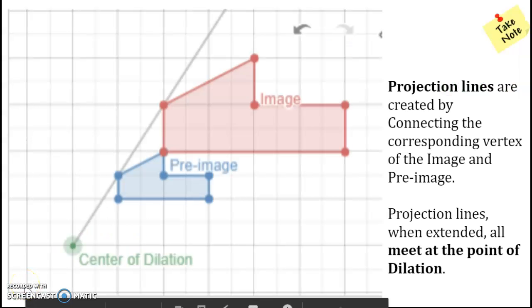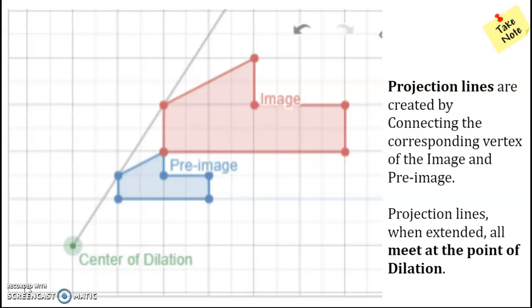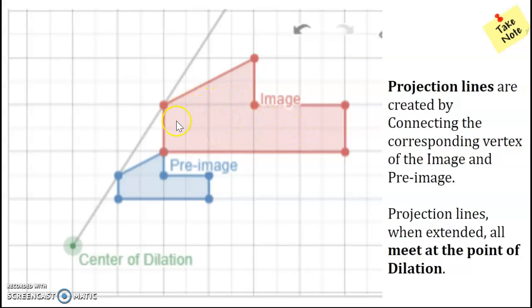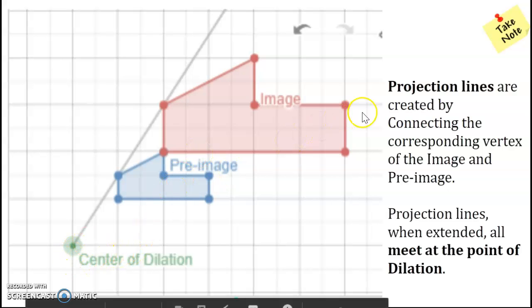Let's quickly summarize what you should have observed from cards 4 to 8. When you move the center of dilation, the image does not change in size, but the position changes. And what is a projection line?